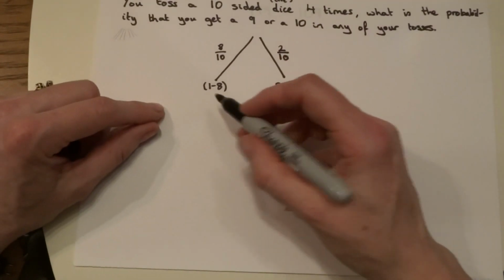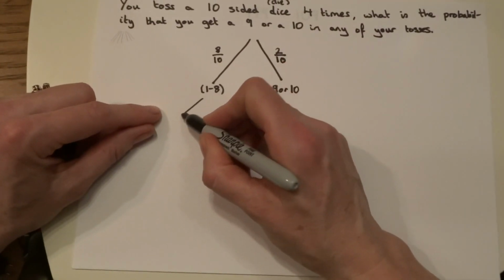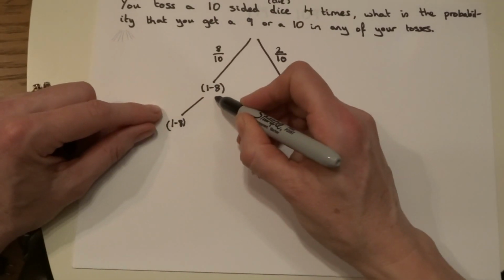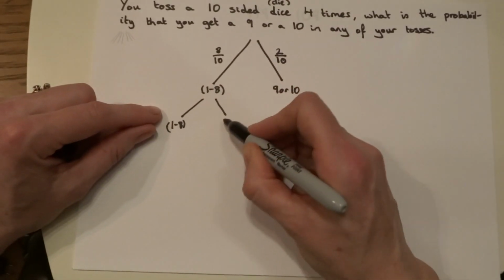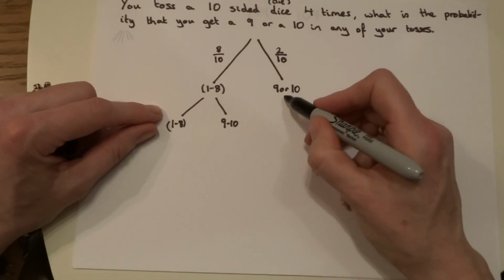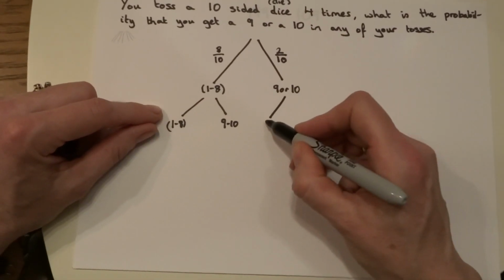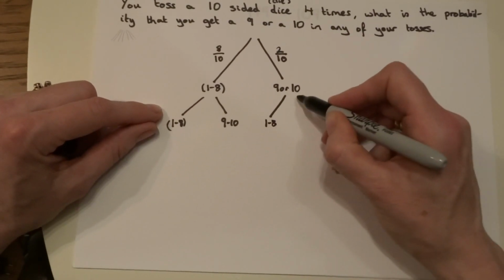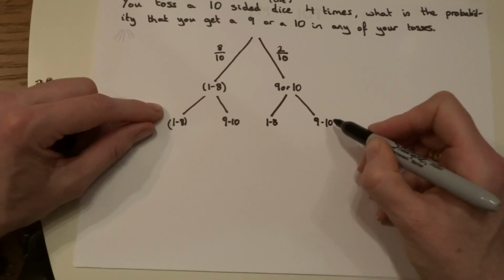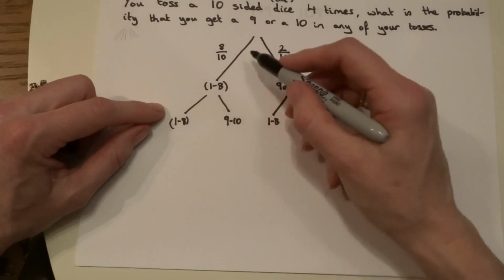In our second toss, we could either get the 1 to 8 option that we had up there, or we could get the 9 or 10 option. And here as well, second toss, we could get the 1 to 8 option, or we could get a 9 or a 10. And then we carry on, because this was our second toss.